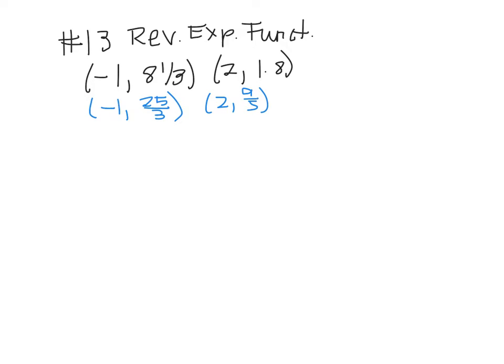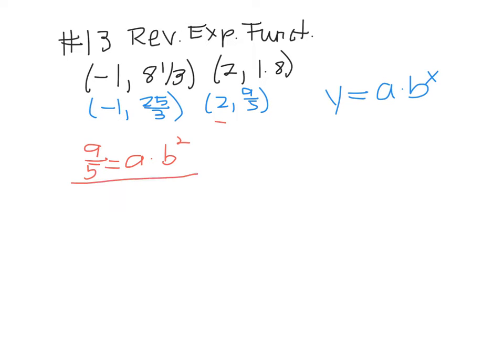So when I use that, my formula for an exponential is y equals a times b to the power of x. I'm going to plug in these 2 points into this equation, and then we're going to divide them so that we can start solving for a and b. We start with the second point: 9/5 equals a times b to the power of 2.